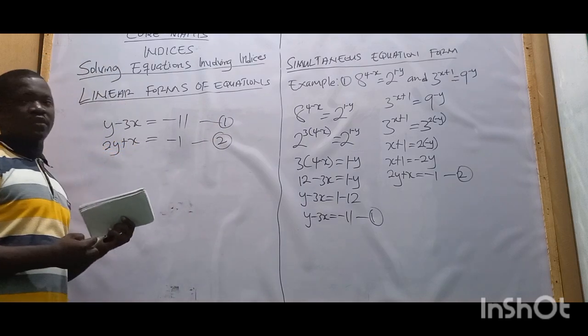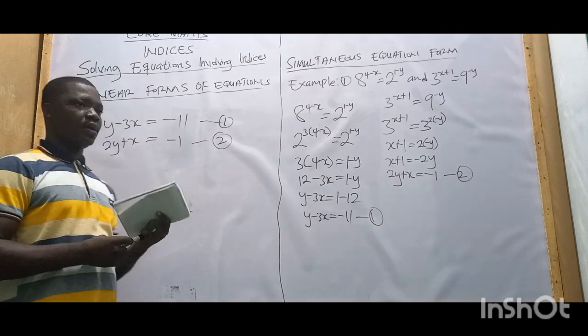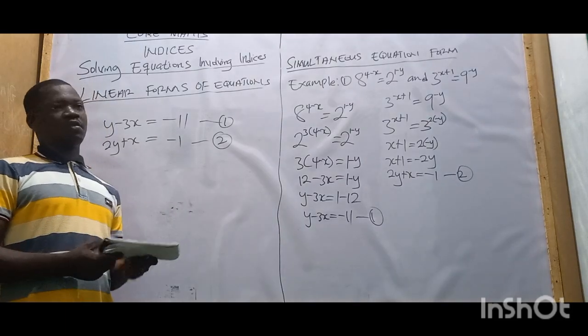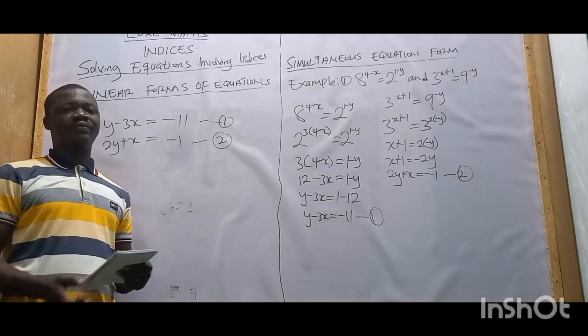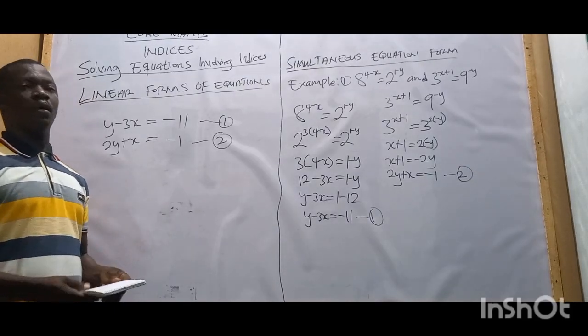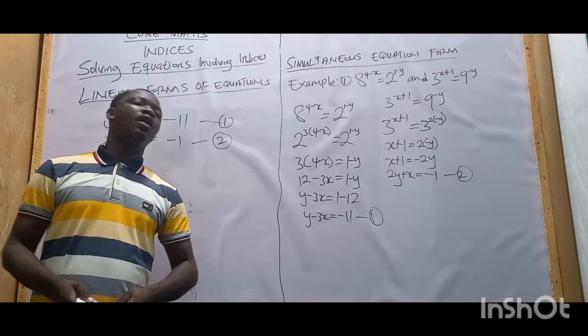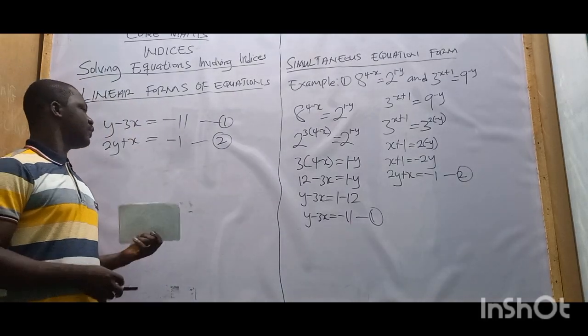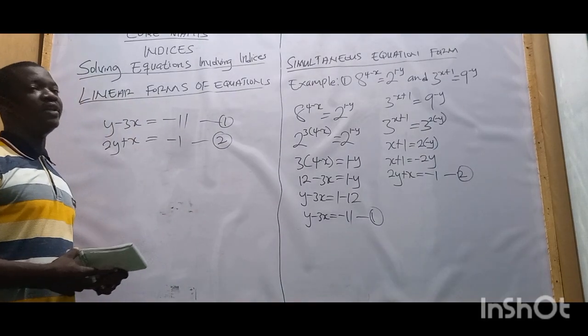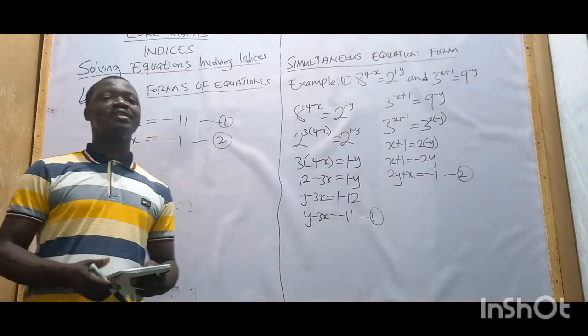So please, in solving simultaneous equations, there are about 3 approaches to solve it. You can solve it either through substitution, elimination, or by the graphical method. But for me, I prefer the elimination because it's easy to work with.